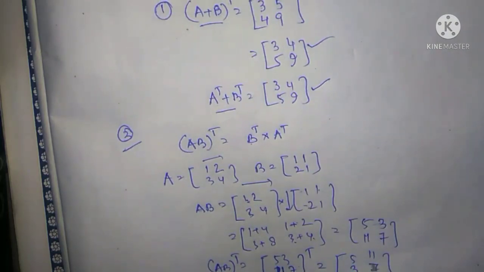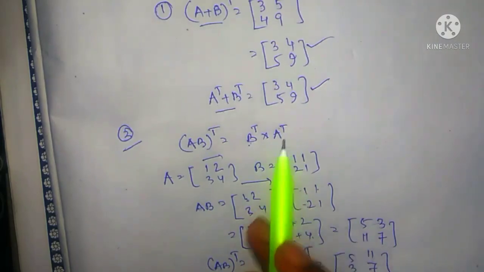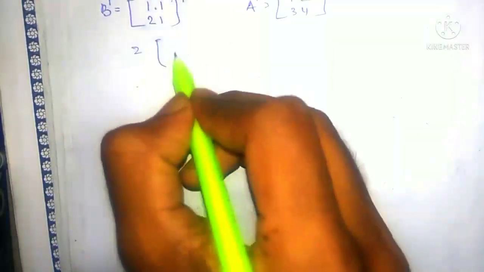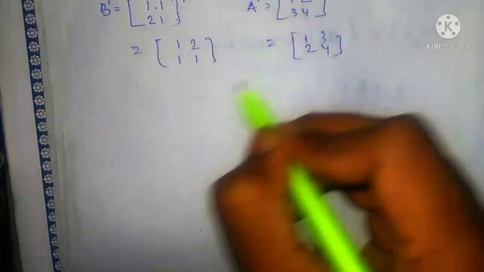And similarly, B transpose into A transpose, let's check now. B transpose is 1 2 1 1 and A transpose is 1 3 2 4.